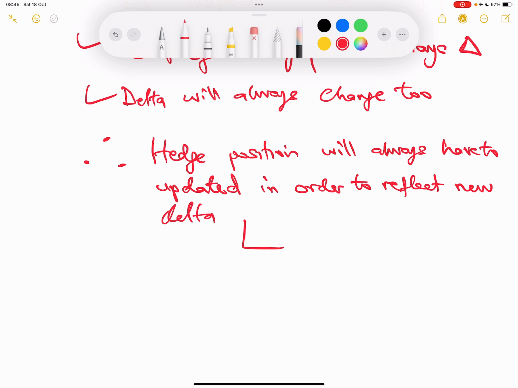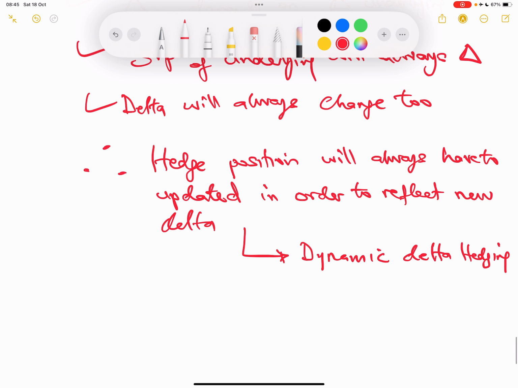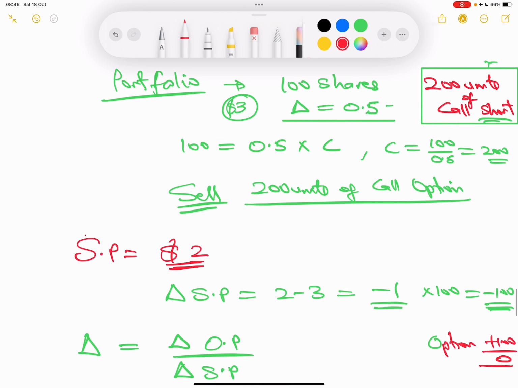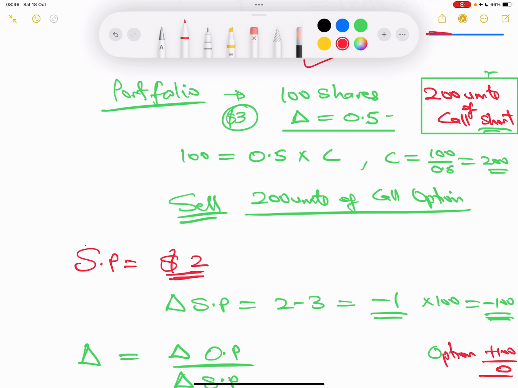This process is what you call dynamic hedging, because you always have to update based on the changes in the market. So this is called dynamic delta hedging, and that is why hedging with this delta method can be a bit tedious. Take, for instance, the example I gave you: the price changes from 3 to 2, we said we bought it at 3, and now it has changed to 2.